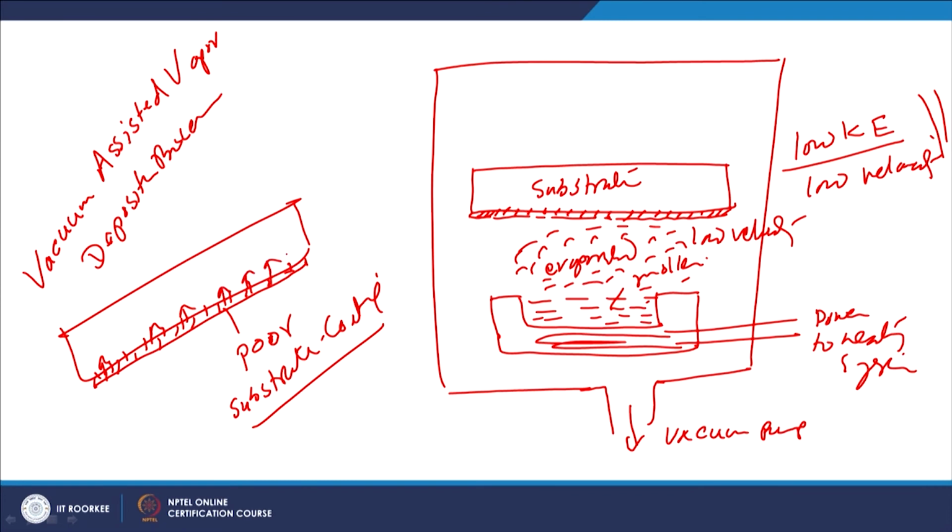Now here we will have certain good aspects and negative aspects related to this approach. The material which is to be applied onto the substrate should have a low boiling point to form the vapors.